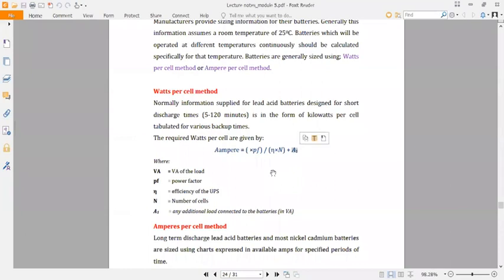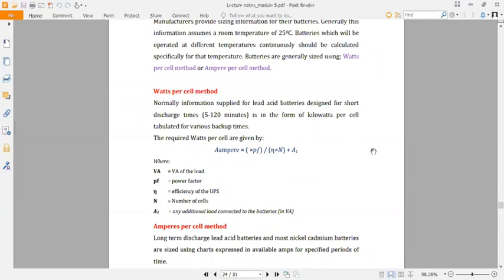And what is this A1? A1 is any additional load which is connected to the battery. So if 4 different loads are connected, then we can add this value for all 4 loads. So the volt ampere of load 1 into power factor divided by efficiency into number of cells, plus again the volt ampere of the second load into power factor divided by efficiency into number of cells.